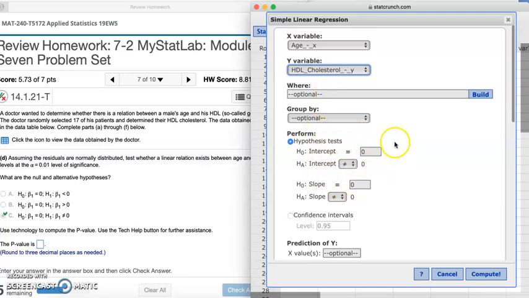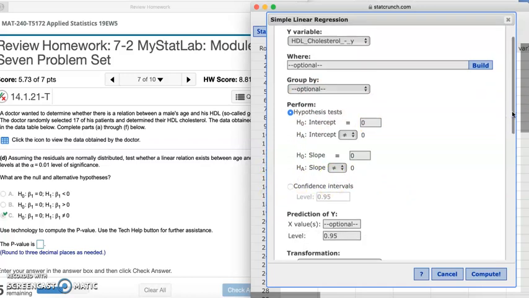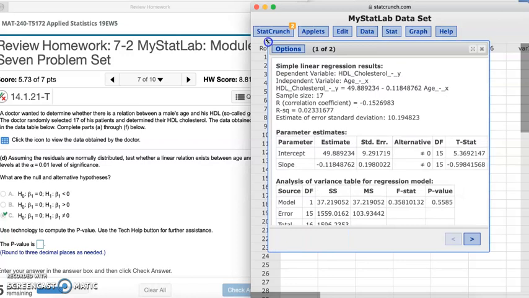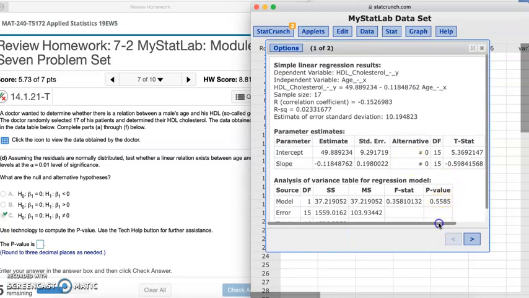In this case, the default is hypothesis test and that the intercept does not equal zero, that the slope does not equal 0 right here. It automatically sets it up for both the slope and the intercept. You don't need to change anything if you're just testing to see if there's a linear relation. So we'll get the same results we just saw a few minutes ago, but I just want to make sure it was clear how to set that up, that we didn't just get there from nowhere.